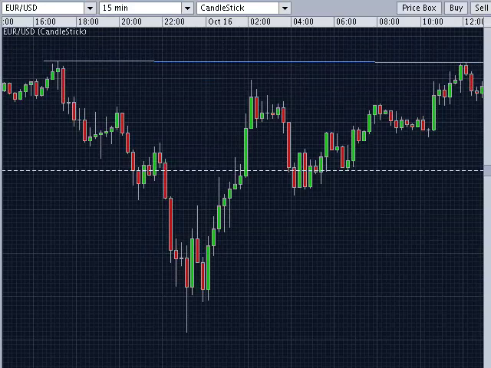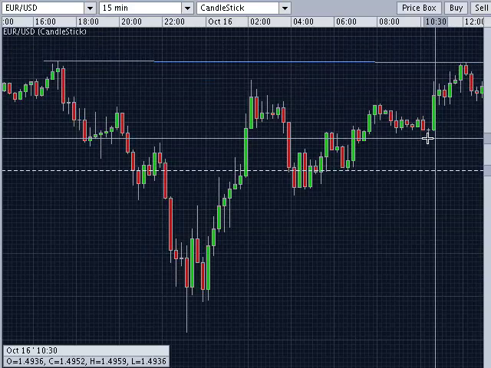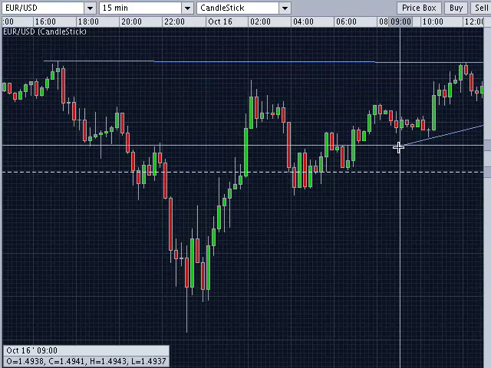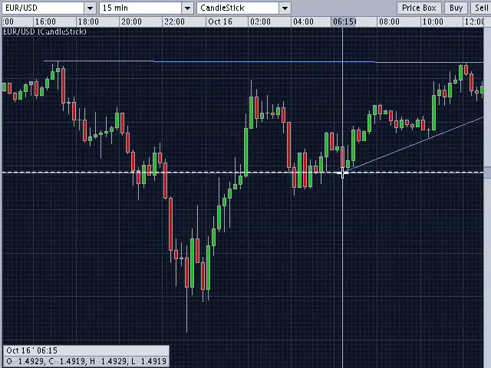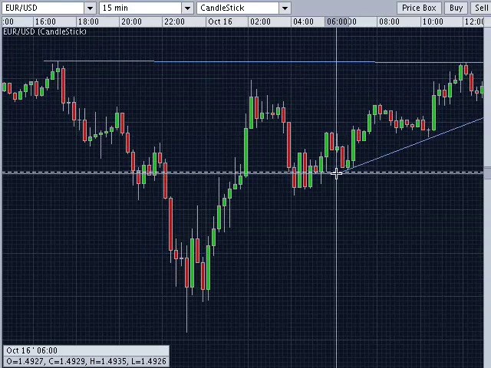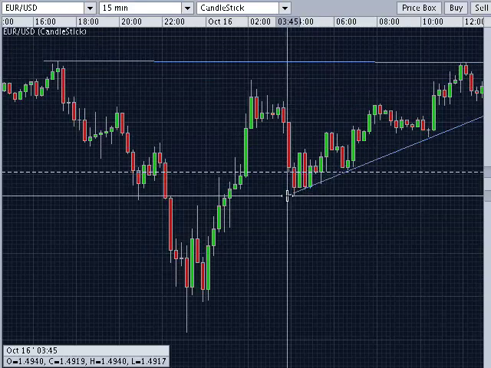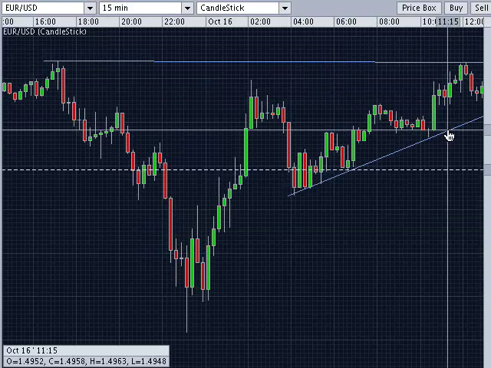So draw another trend line from our last bottom fractal, which would be here, and we look for the fractal before that that was lower than that point, which would be this point right here. And if you extend that line out, you can see it sort of lines up with this other fractal as well, so we know we've got a pretty good trend line drawn there.